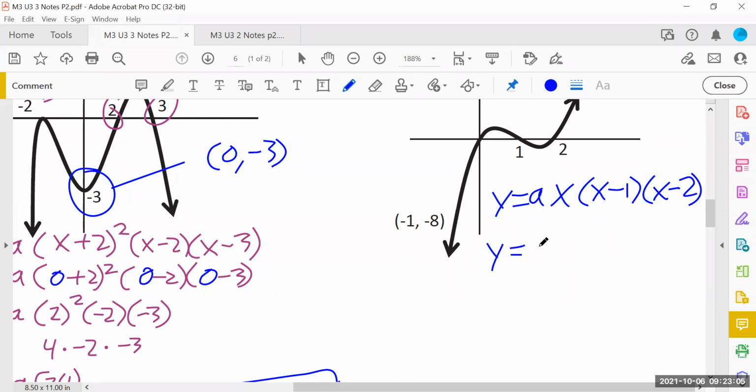We're going to put that -1, -8 in. So -8 in for y. And then -1 in for x.